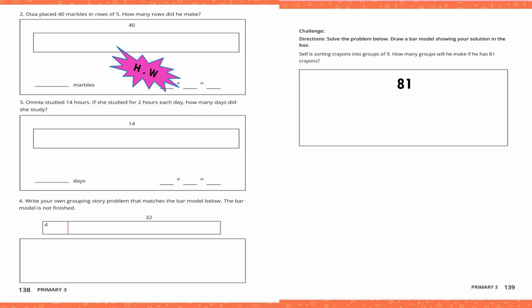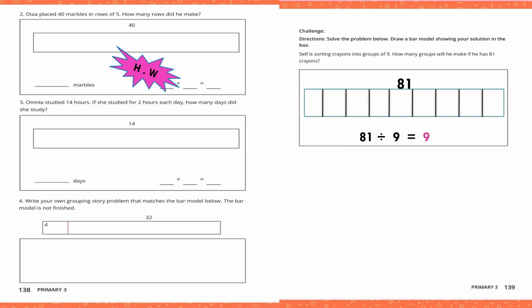And I need to divide 81 into 9 groups. So I will divide this bar into 9 parts and write the equation 81 divided by 9 equals 9. So each part has 9, each group has 9 crayons.